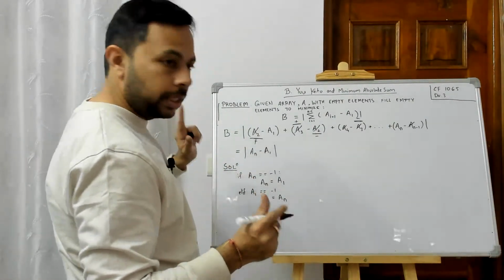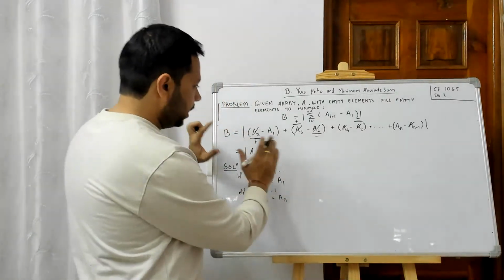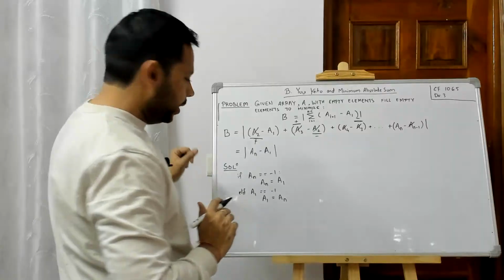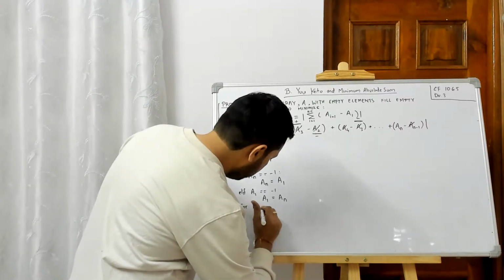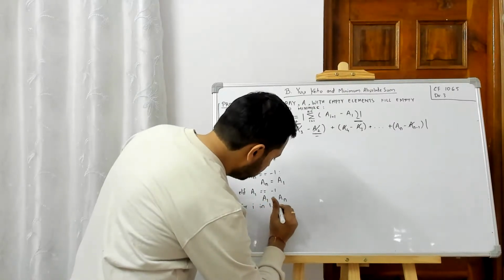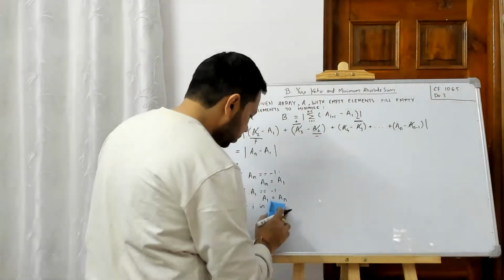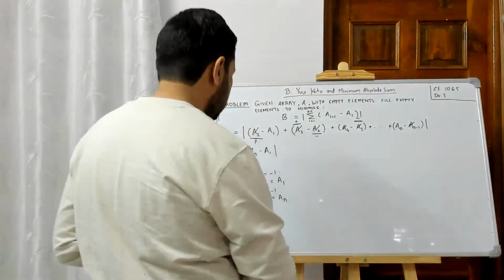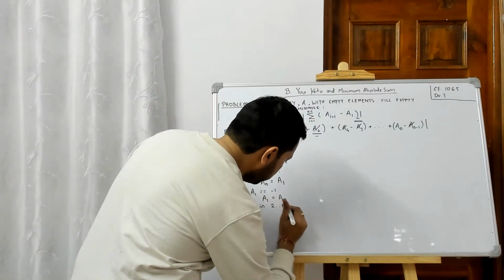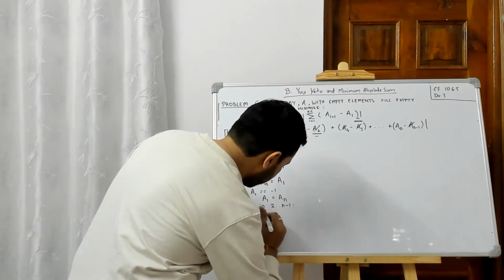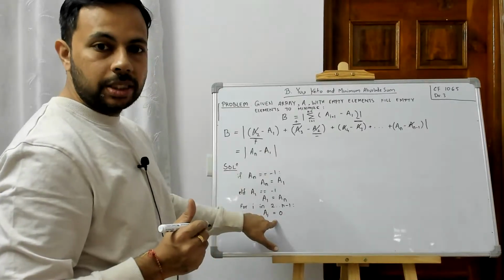If these two conditions are not there, then let a1 and an be the same. Then for i in 2 to n minus 1, set all these values equal to 0, because you want the lexicographically smallest number.